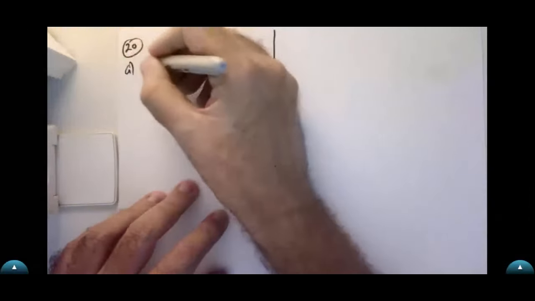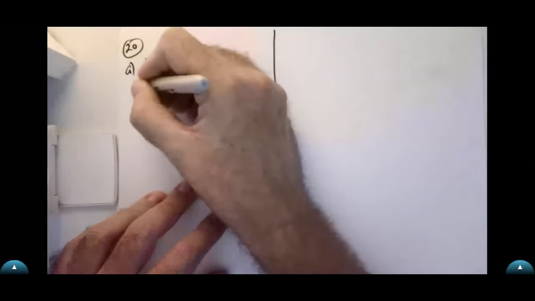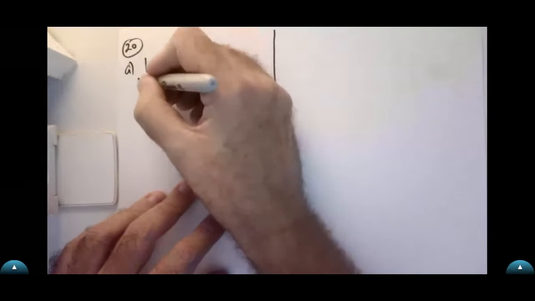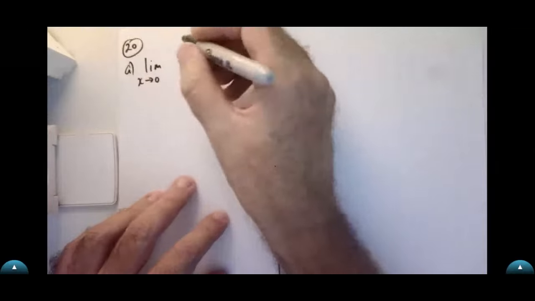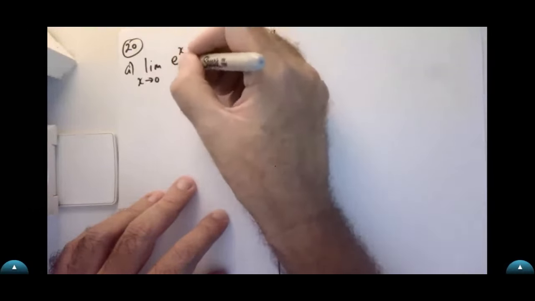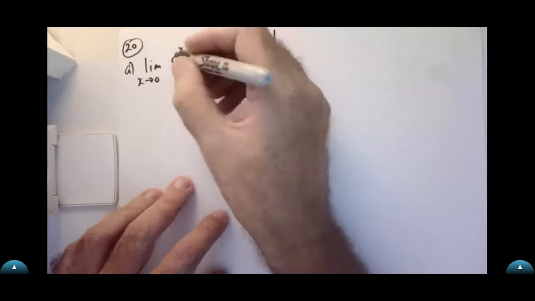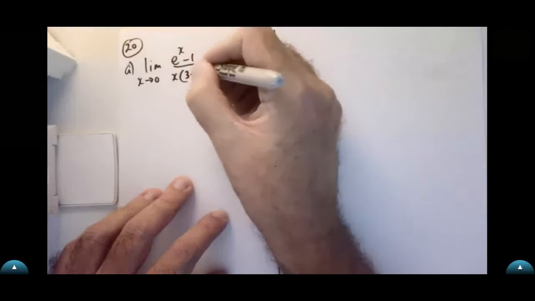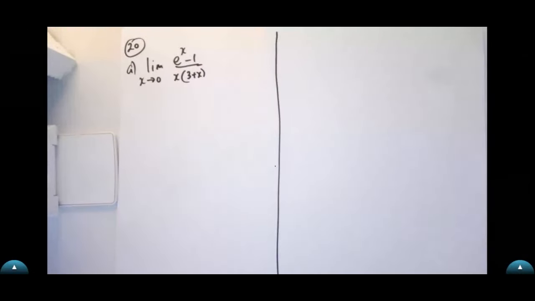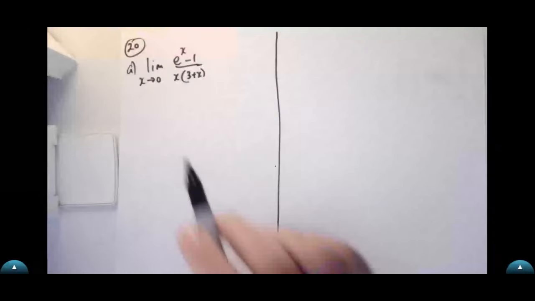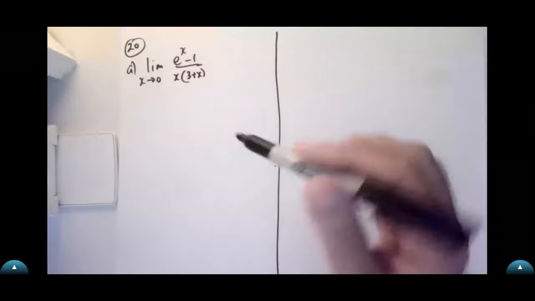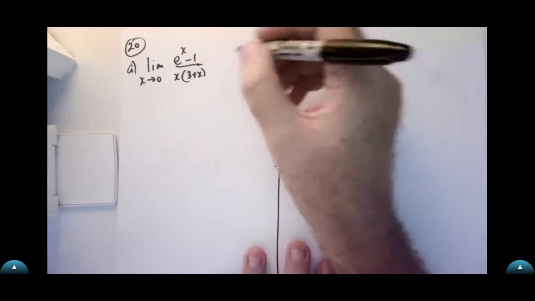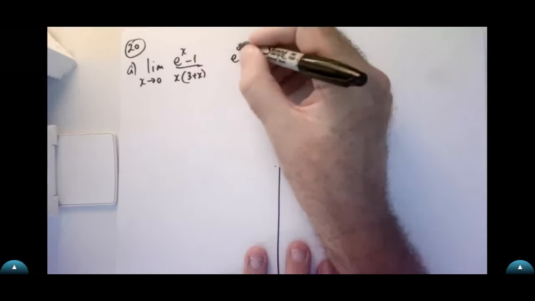Part A wants you to take this limit. What's normal here is you say, well, let's just substitute in x equals 0, and you'll get something like this.